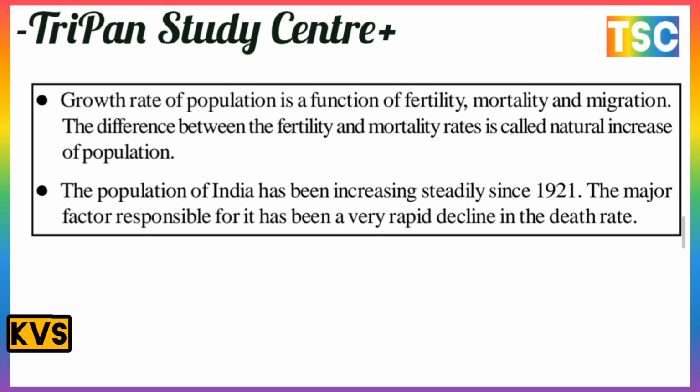I repeat again: the growth rate of population is a function of fertility, mortality and migration, and the difference between fertility and mortality rate is called natural increase of population. And second, the population of India has been increasing steadily since 1921. The major factor responsible for it has been a very rapid decline in the death rate.